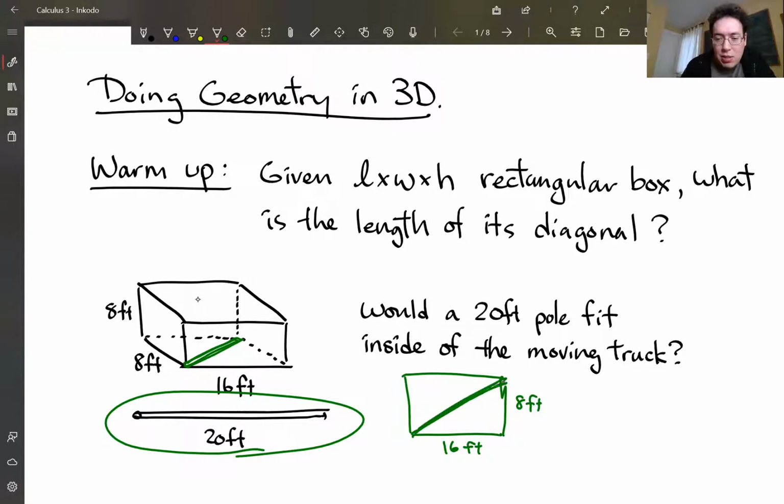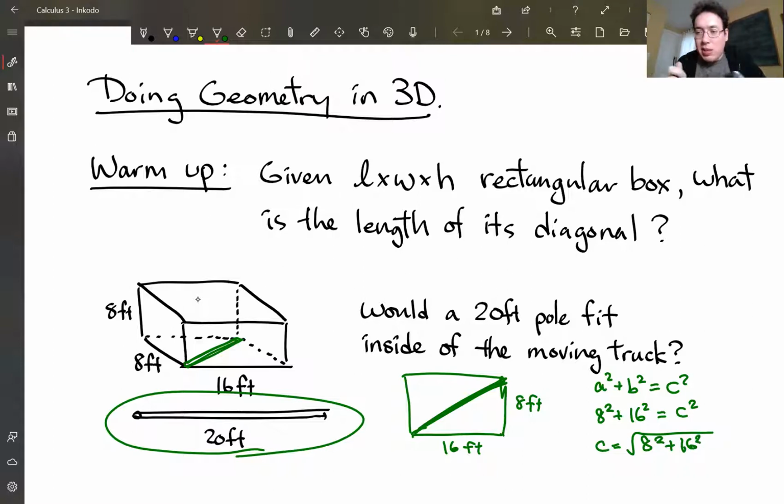We could measure that diagonal length by using the Pythagorean theorem. So we know that a squared plus b squared is equal to c squared. So in this case, we could plug in 8 and 16 to get c equal to the square root of 8 squared plus 16 squared.